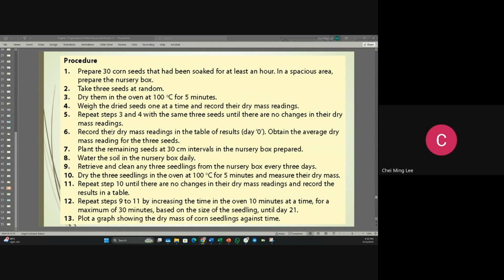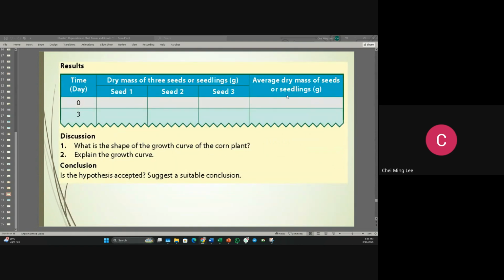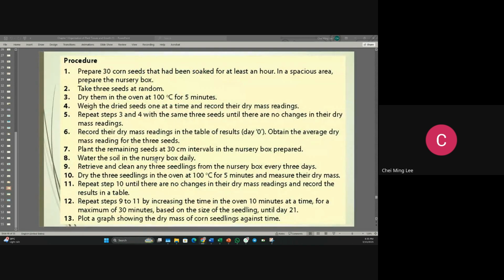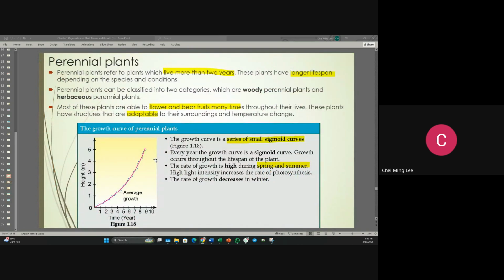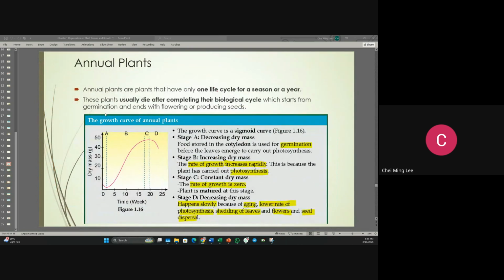Now let's see the results. Discussion: what is the shape of the growth curve of the corn plant? Of course, it is a sigmoid curve. The explanation of the growth curve is an explanation of each section of the dry mass.